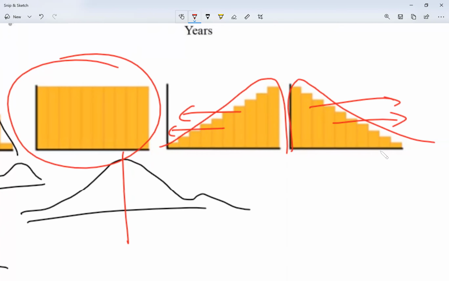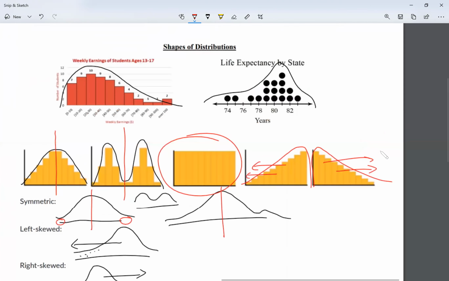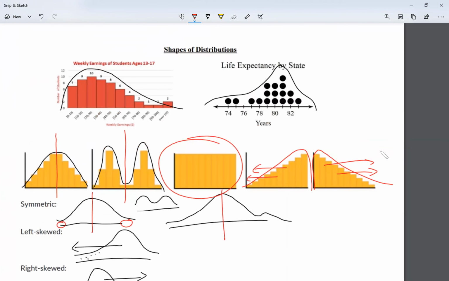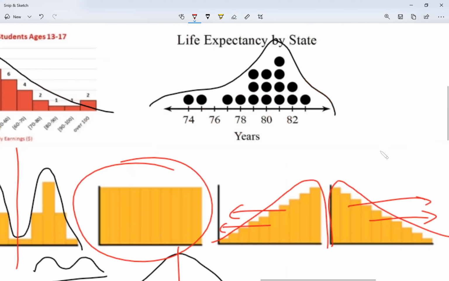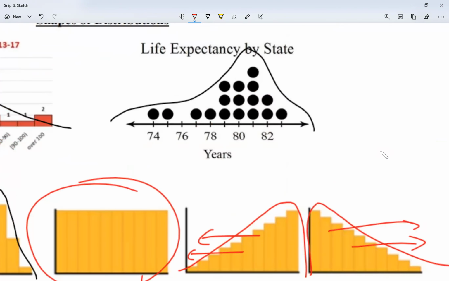Okay, so for your graph, you're going to have to create some data. I will give you the graph, and then I'm going to ask you which type of data this is. Some of them, I'm just going to give you the numbers. Notice how here for life expectancy by state, I have a graph with dots. If I gave you just numbers, you can come up with the graph like that.